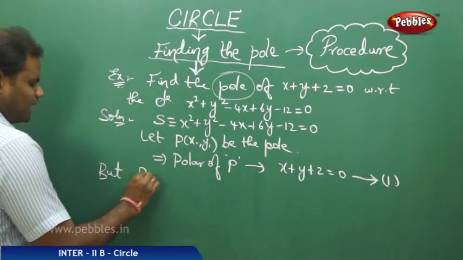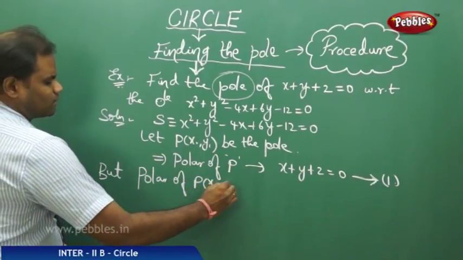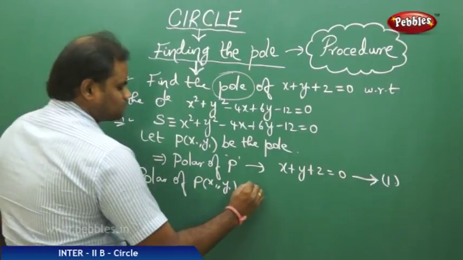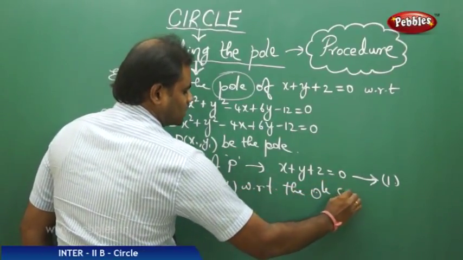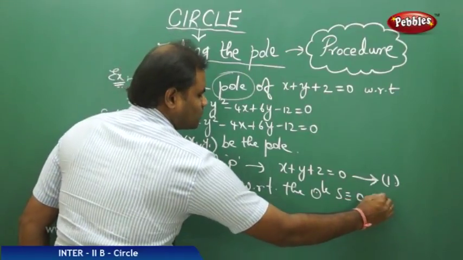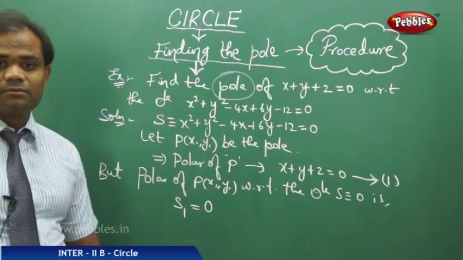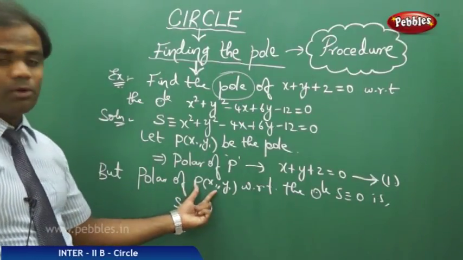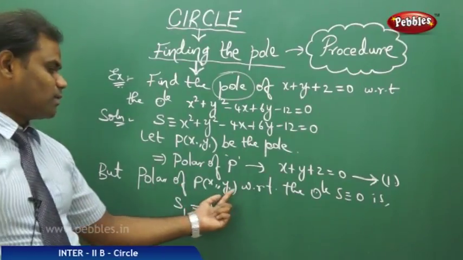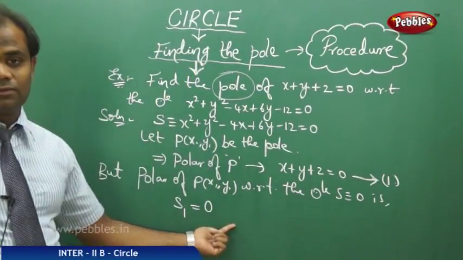But we have the formula where the polar of P(x1, y1) with respect to the circle S equal to 0 is S1 equal to 0. We already know that when P is the pole, the polar of P(x1, y1) with respect to the circle S equal to 0 is S1 equal to 0.